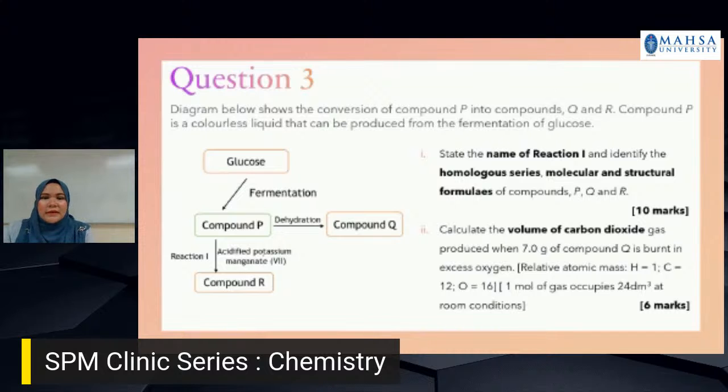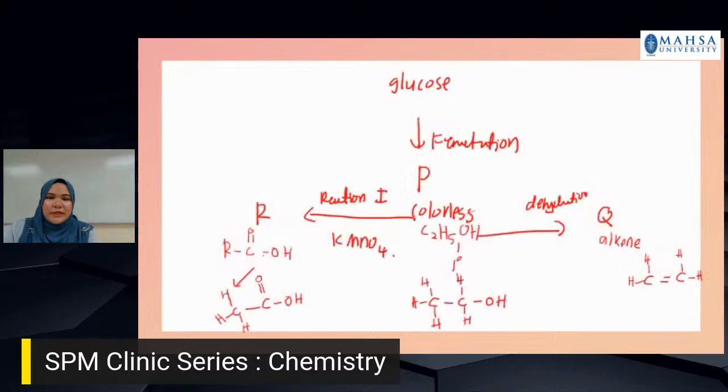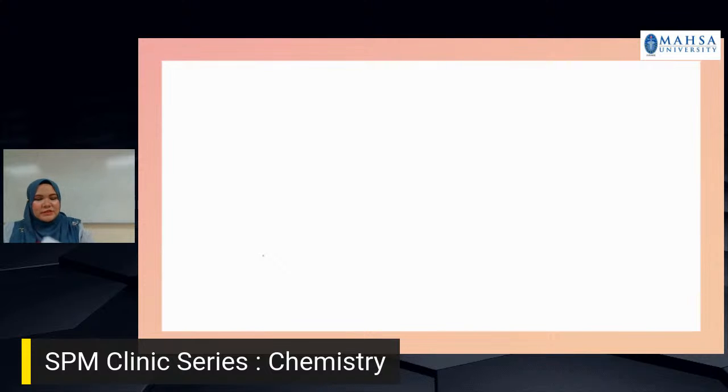And then the second question asks you regarding the volume of carbon dioxide gas produced when 7.0 gram of compound Q is burned in excess oxygen. So according to this, you need to extract all the information that you have.